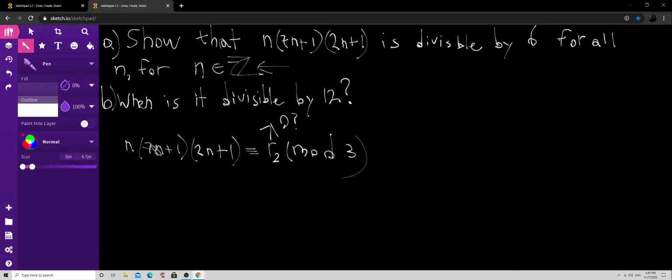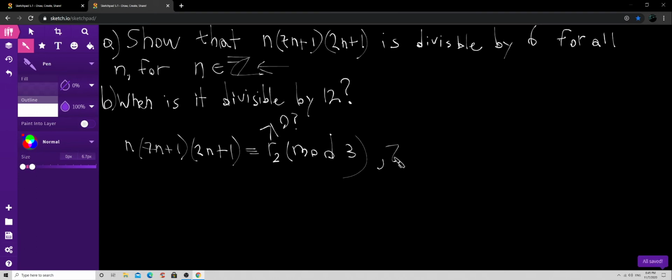Well, let's get with the more obvious part. So this is 6n plus n, as we said earlier. And 6n is always divisible by 3, since the prime factorization of 6 includes 3. So therefore 6n is congruent to 0 mod 3, and we're just left with n.